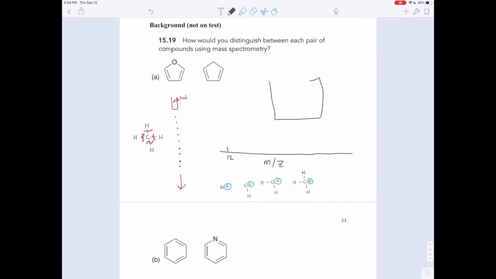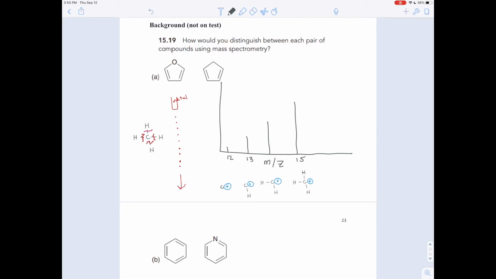Remember, the masses are the numbers at the bottom of the box on the periodic table. If you look at the box for carbon, there's a 12 underneath there. That would be the 12 that corresponds there. And there, at 13, there will be another peak, and that would represent this fragment hitting the thing. And at 14, another peak, and that would represent this fragment. And at 15, there would be another peak, and that would represent this fragment.